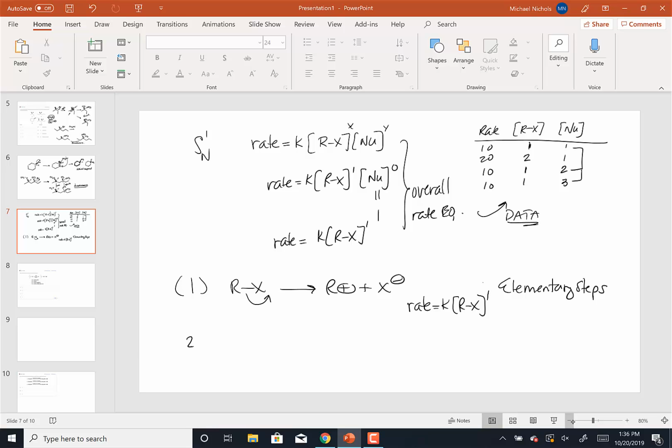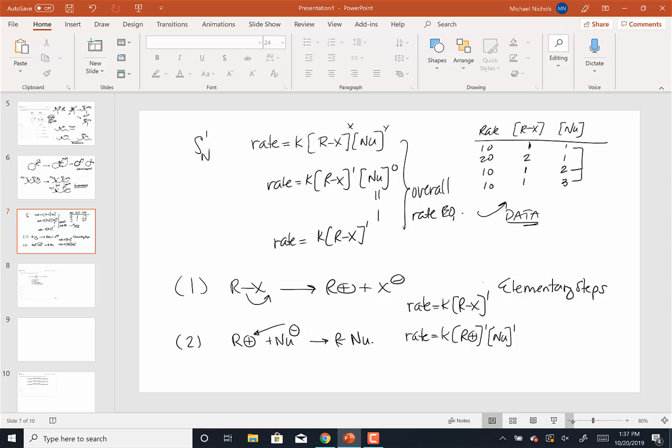Then in the second step, they proposed and ultimately determined that that's where the nucleophile reacts with the carbocation to form the final product. In that case, the rate equation would be the concentration of the carbocation to the first power times the concentration of the nucleophile to the first power.